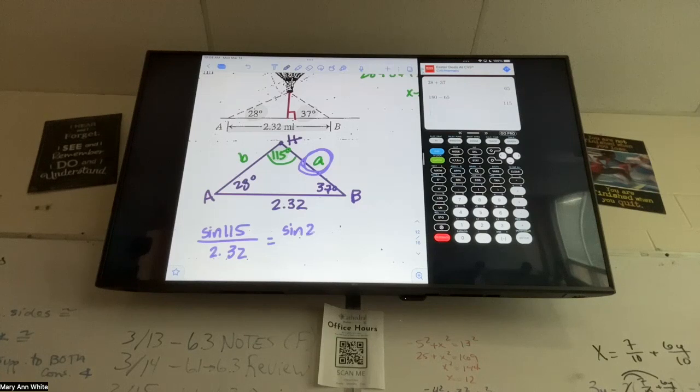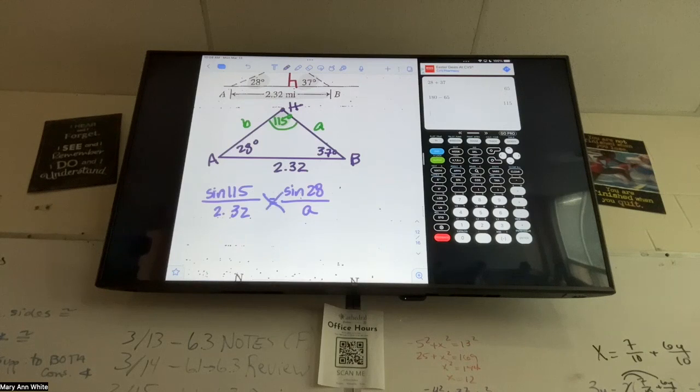Sin 28, good, over a. Good. All right, so we figured it out. We did sine of 115 over 2.32 because those go together. And then if we wanted to find little a, we did sine of 28 over little a. Could you have also done sine of 37 over little b? Absolutely, it doesn't matter, but I want us all on the same page, finding the same numbers.